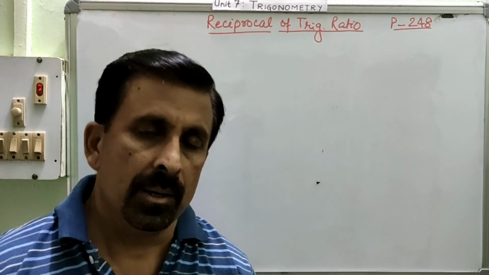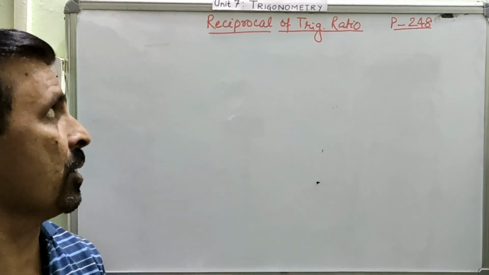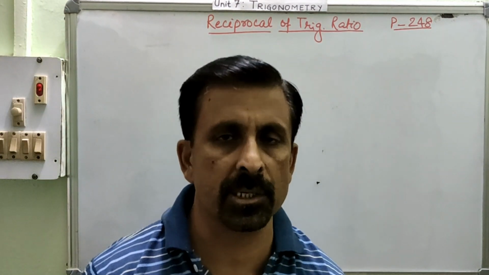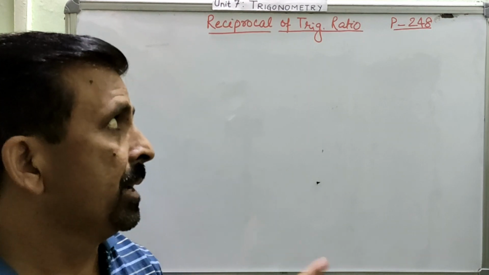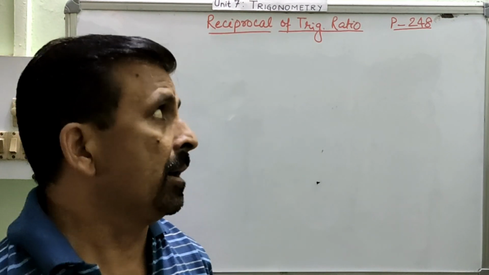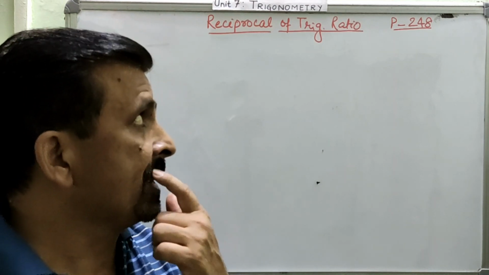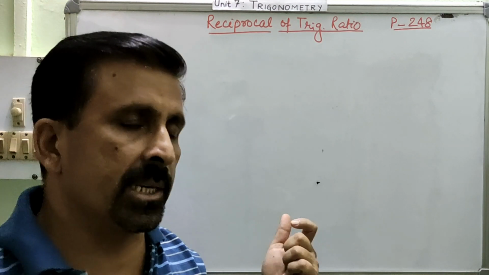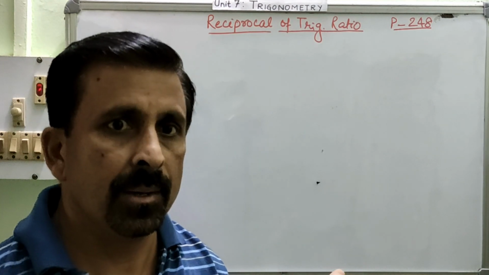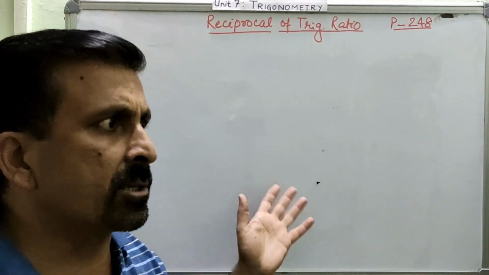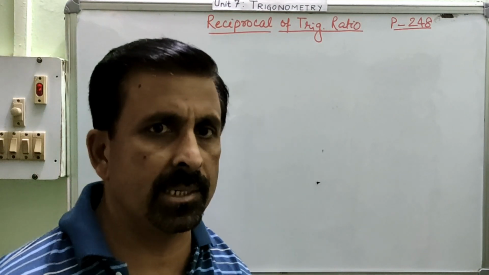Morning. Now in this video we are going to start with the topic reciprocal of trigonometrical ratio, and it is on page number 248. Actually, in the textbook, if you see the name of this chapter, they have kept it as trigonometrical identity. But they did not talk anything about the trigonometrical identity, right?